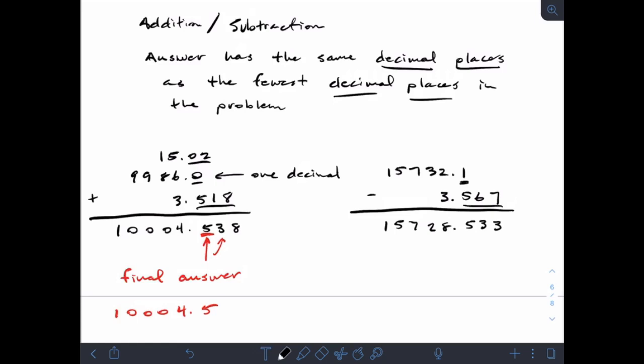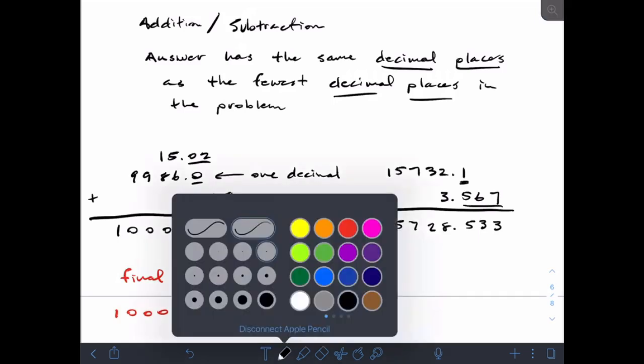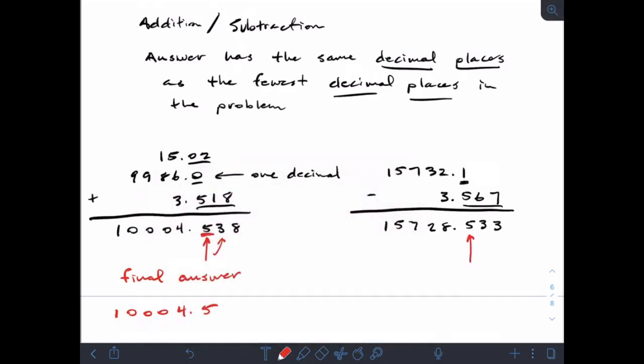Right, so I'm going to stop at the first decimal place. So I'm going to look right here, and I'm going to look one digit to the right to decide whether I round it up or stay where I'm at. So my final answer here will be reported as 15728.5.